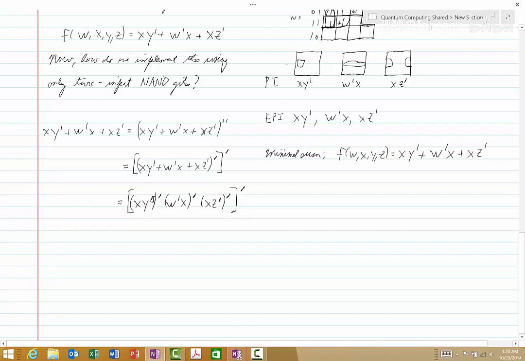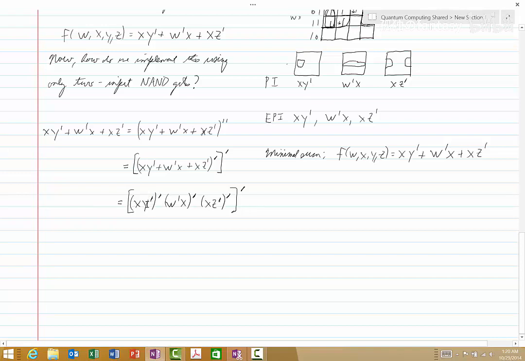And let me also add that if you're troubled by the stipulation that we have access to the complements of the variables, and you'd rather assume we only start with w, x, y, and z, that's fine as well, because we can easily put an inverter gate on a line to get the complement of a variable.